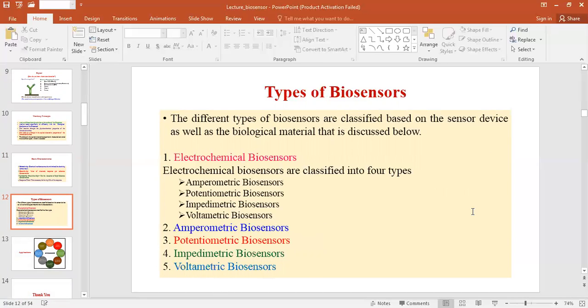The different types of biosensors are classified based on the sensor device as well as the biological material, in the form of electrochemical biosensor, amperometric biosensor, potentiometric biosensor, impedimetric biosensor, voltammetric biosensors. So these are the 5 different types of biosensor, and there are some subtypes also. Likewise, you can see here the electrochemical biosensor can be classified into 4 subtypes: amperometric, potentiometric, impedimetric, voltammetric. So these are the types of biosensors.